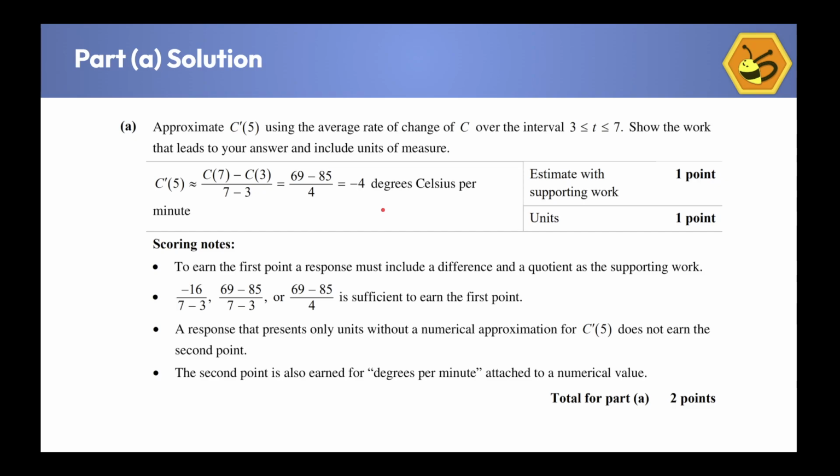So here is the actual solution. You don't need to simplify, by the way. So anything like this earns a point. And make sure you have the units, because the question tells us that we need to include units of measure.